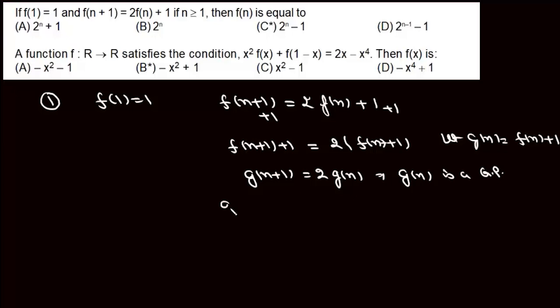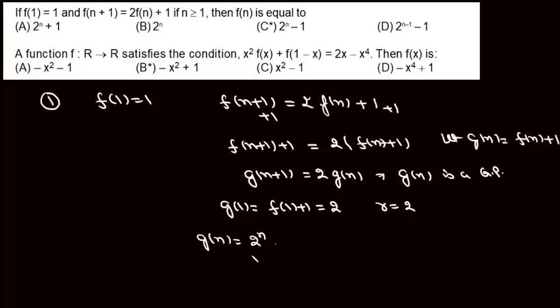Now g(1) is f(1) + 1, so it will be 2, and common ratio is also 2, so this g(n) will be 2 to the power n.